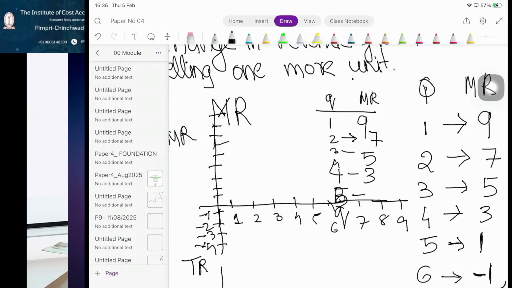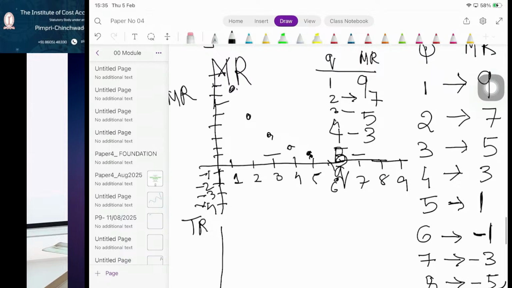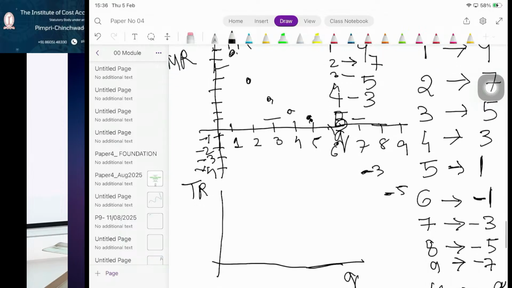The first one will be 9, then 7, then 5, then 3, then 1, then minus 1, minus 3, minus 5, and minus 7.